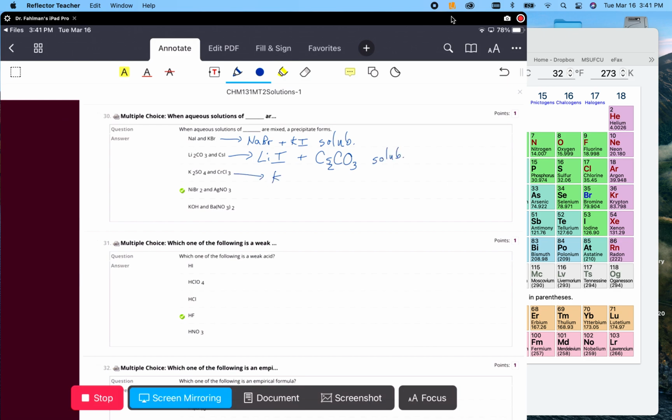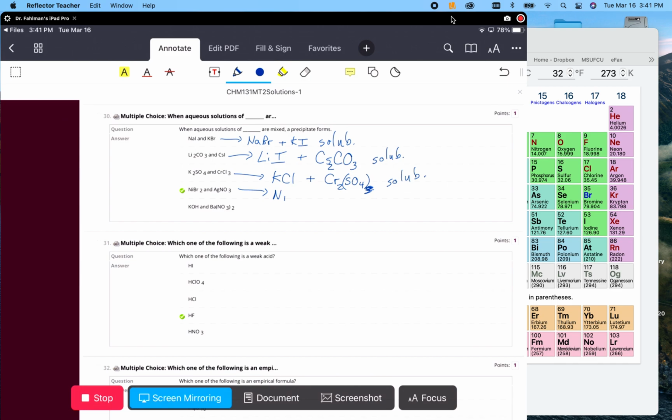These ones, it's potassium chloride and then chromium 3 sulfate. And again, these are both going to be soluble.